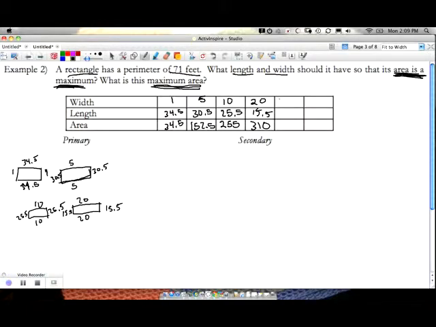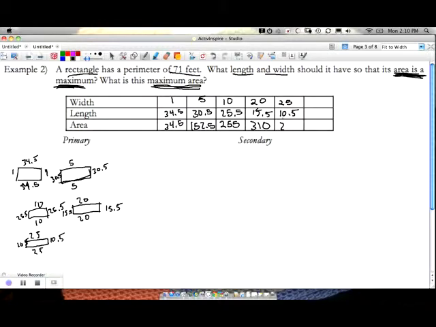Let's see what happens if we went to, let's say, 25. If we went to 25, that'd be 25 and 25, that's 50. So that means we have 21 for the other two sides. So that's going to be 10.5 and 10.5. Well, 10 and a half times 25.